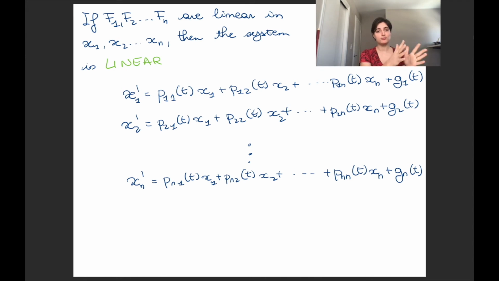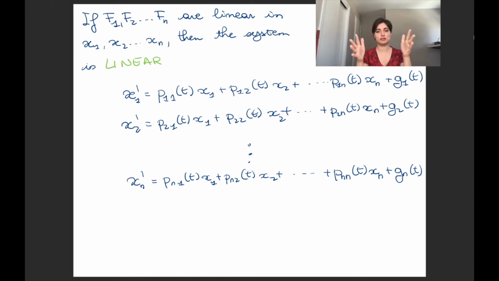So f1 has to have the form function of t times x1 plus function of t times x2 plus function of t times xn plus function of t. And in general, each of them has to have the same format. We have x2 prime equals function of t times x1 plus function of t times x2 plus so forth, plus function of t times xn plus function of t.